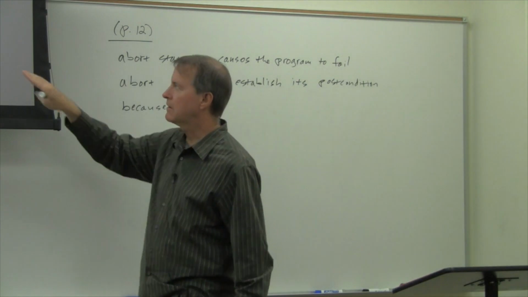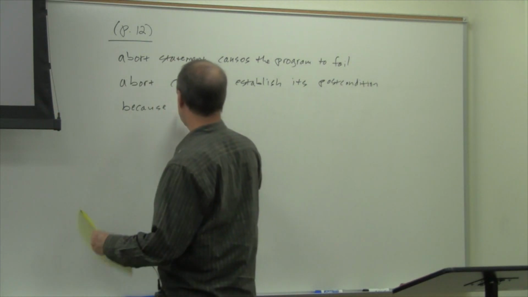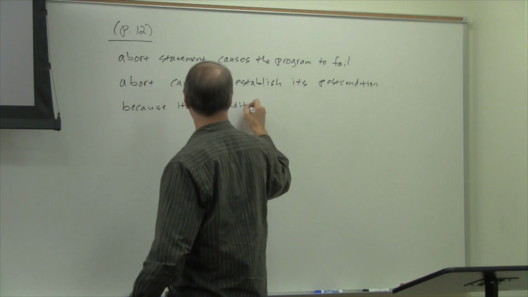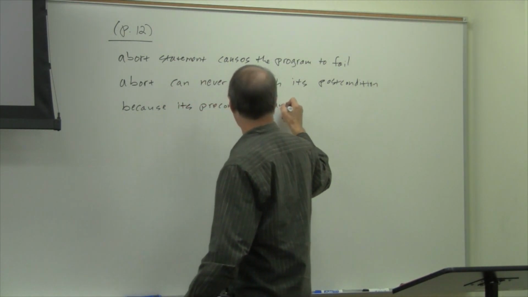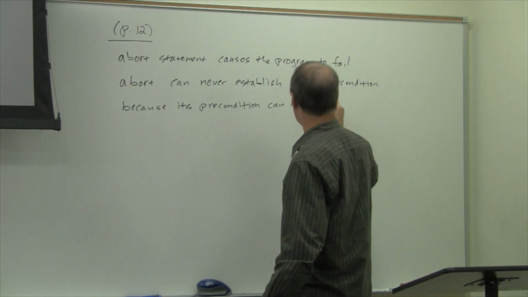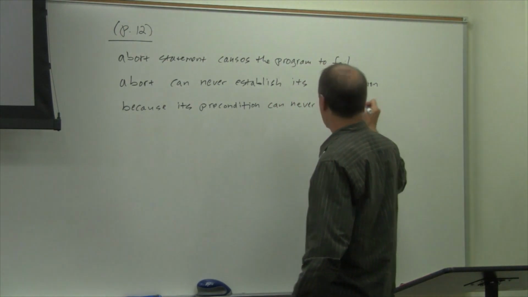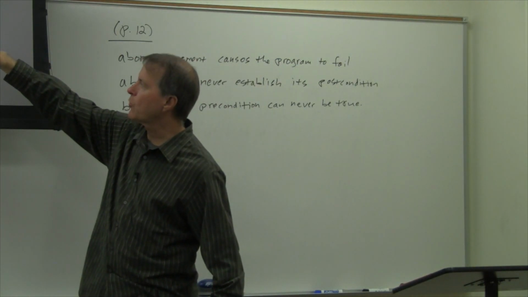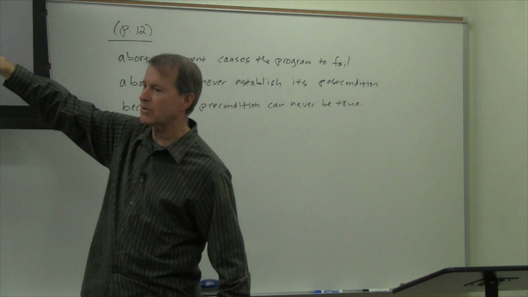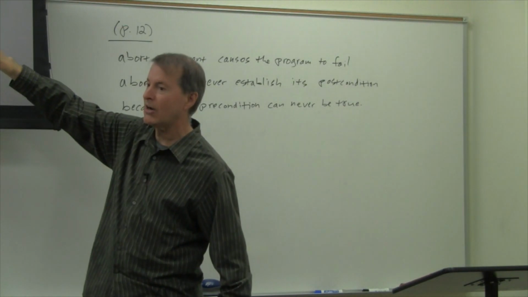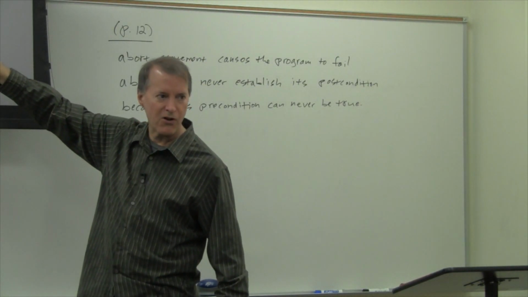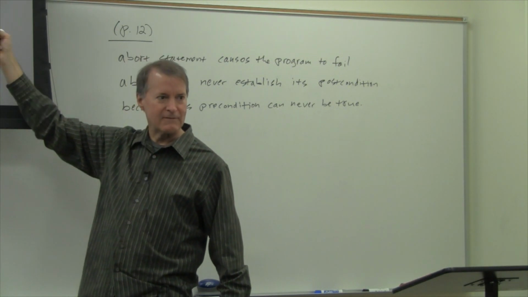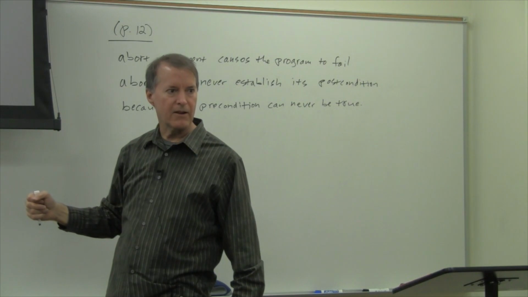You see what I mean? Okay, so its precondition can never be true. Why is that? Because by definition, P.12 says the weakest precondition of abort with R equivales false. That's by definition. That means the weakest precondition of the abort statement is false.